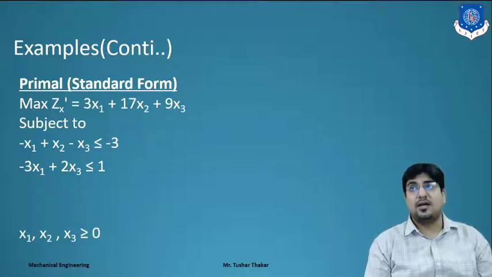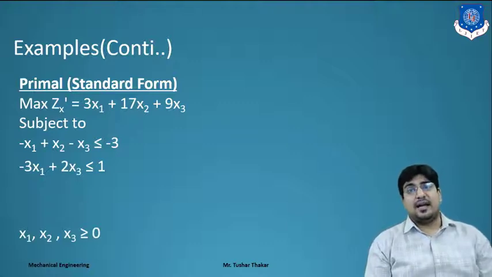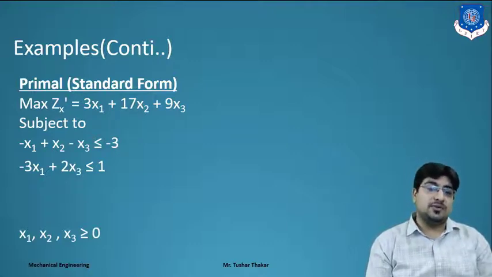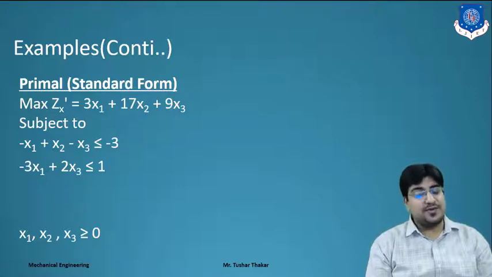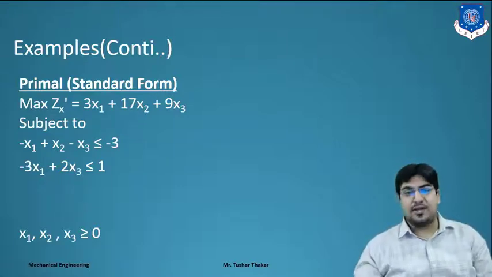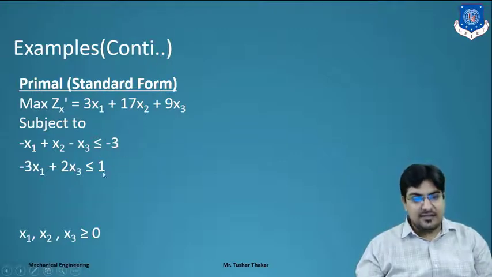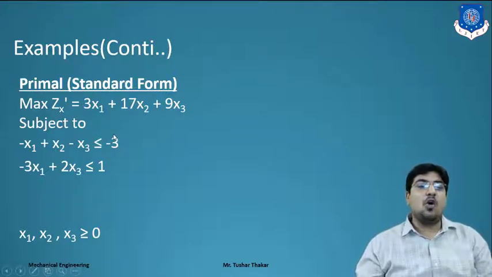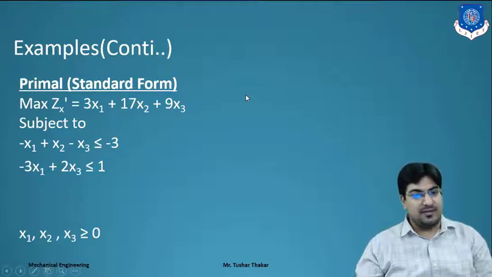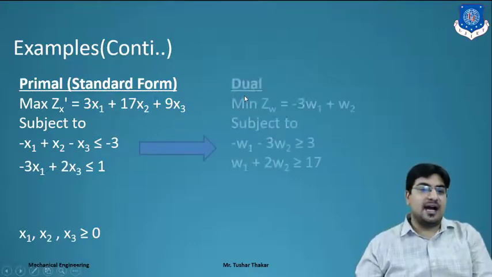Now we convert that into the dual. First we convert the objective function into a minimization. The constants on the RHS will be the coefficients of the dual minimization problem. So let's start converting.